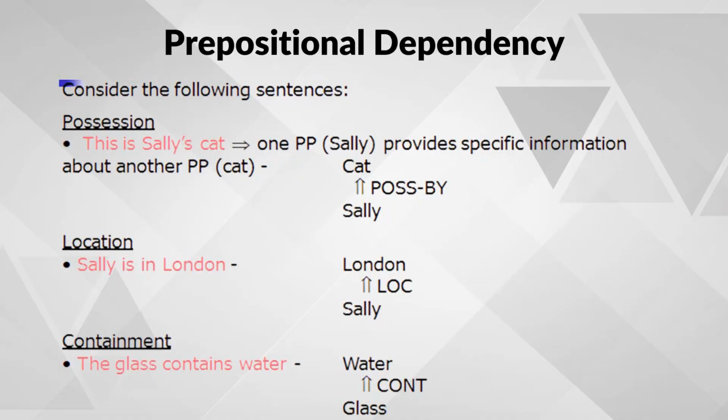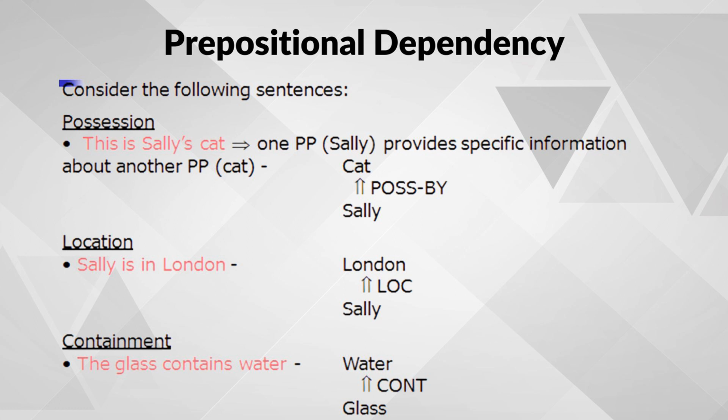Let us take a few other examples using conceptual cases. Sentence, this is Sally's cat. Sally's is genitive case, indicates possession, showing that the cat belongs to Sally. Sentence, Sally is in London. Sally is nominative case, the subject of the sentence.